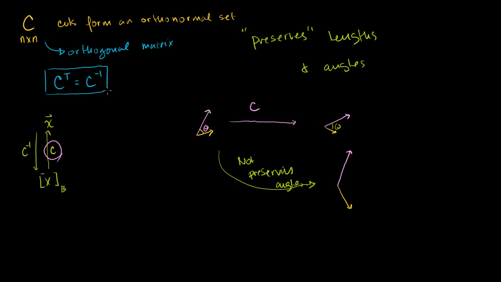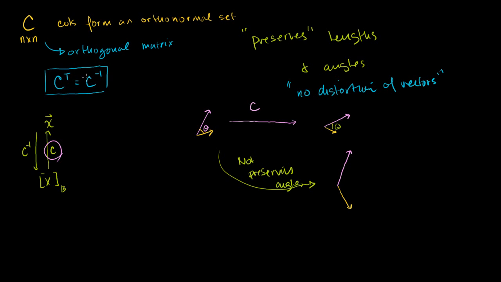So when you have a change of basis matrix that's orthogonal, or a transformation matrix that's orthogonal, all it's essentially doing to your vectors is rotating them around, but it's not going to really distort them. I'll write that in quotes because it's not a mathematically rigorous term. So, no distortion of vectors.